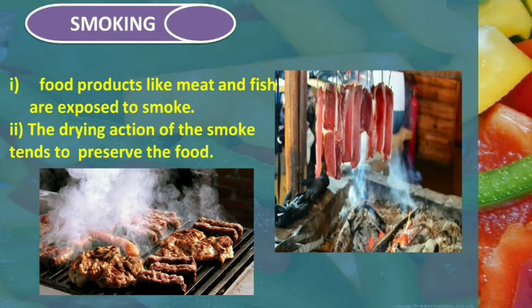Commercial smoking is sometimes carried out with steam pipes that supplement the wood fire. So there are many techniques like hot smoking, cold smoking. In hot smoking, foods are exposed to smoke in a controlled environment.